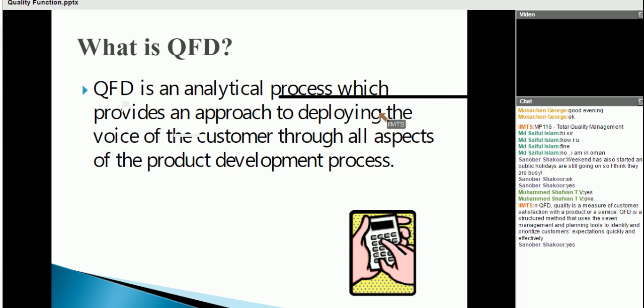QFD is an analytical process which provides an approach to deploying the voice of the customer through all aspects of the product development process. That is, the way in which the product or the service is done or performed, taking the views of the customer in all that process, to make it better. That is the role of QFD.